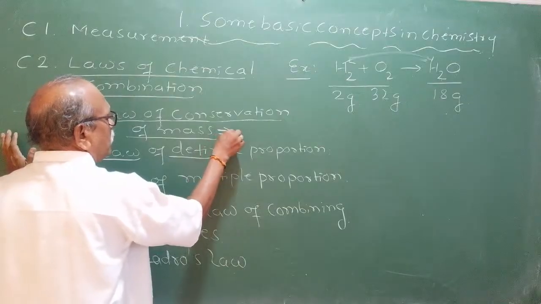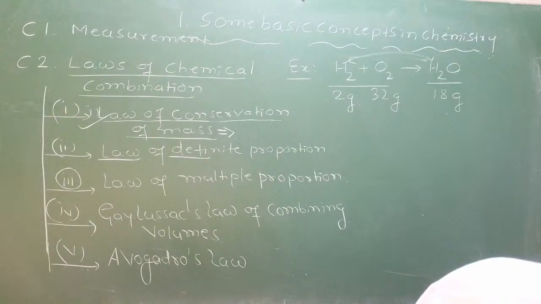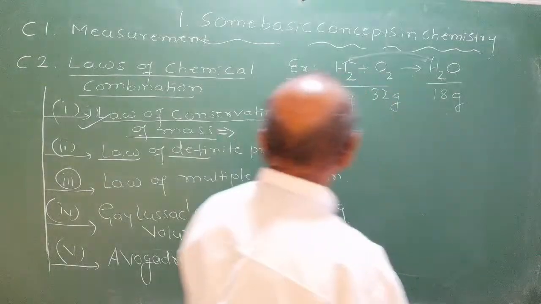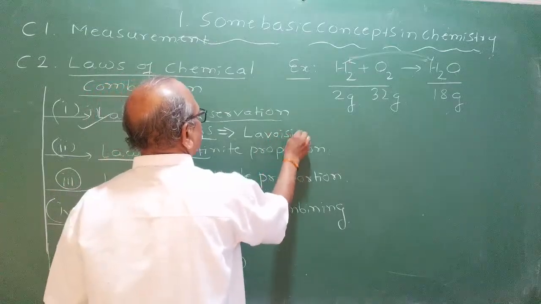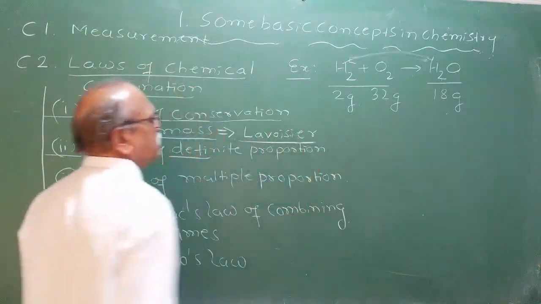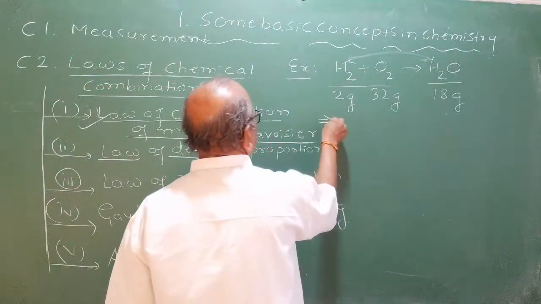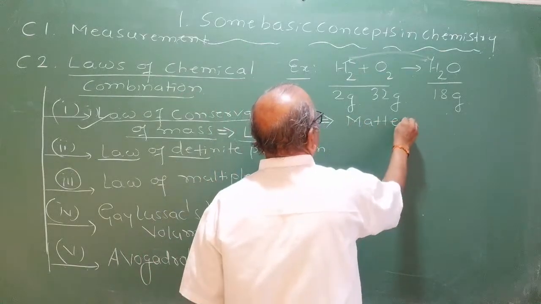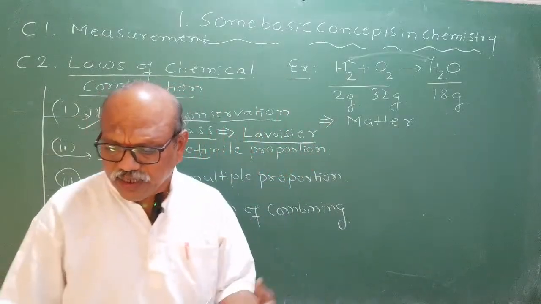The law of conservation of mass was proposed by Lavoisier. He said that the statement of the law of conservation of mass is that matter can neither be created, just like in the law of conservation of energy, where energy can neither be created nor be destroyed.